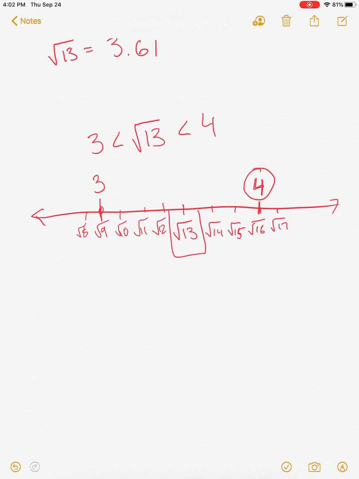So I know square root 13 falls between 3 and 4. So once again, 3 is less than square root 13, and 4 is greater than square root 13. Anytime they're asking you to find a number bigger than and less than the square root, they're looking for the nearest integer, so the biggest counting number.